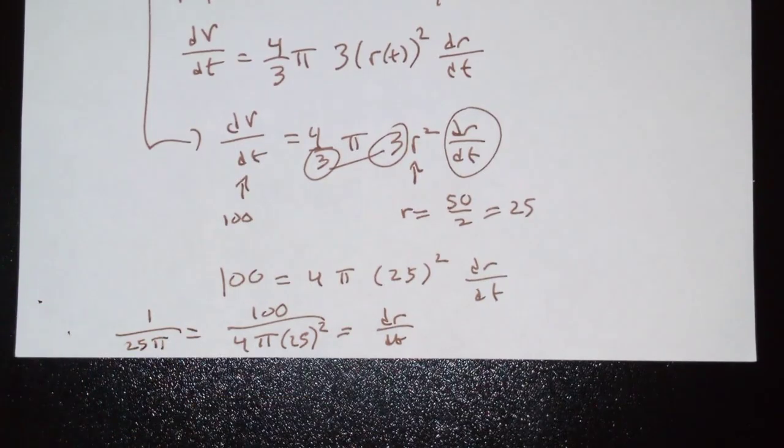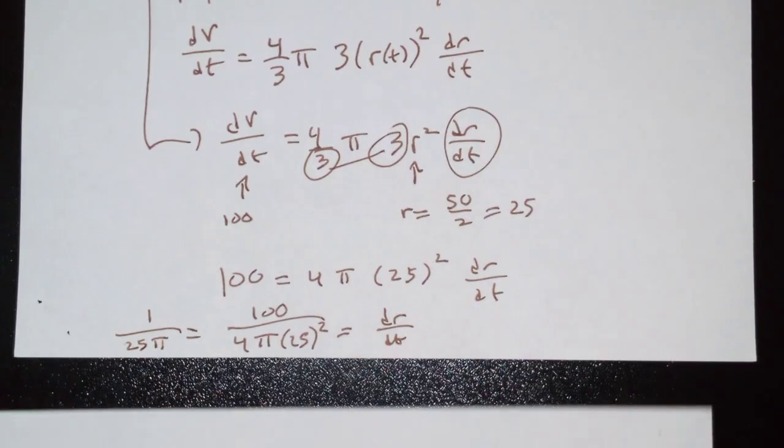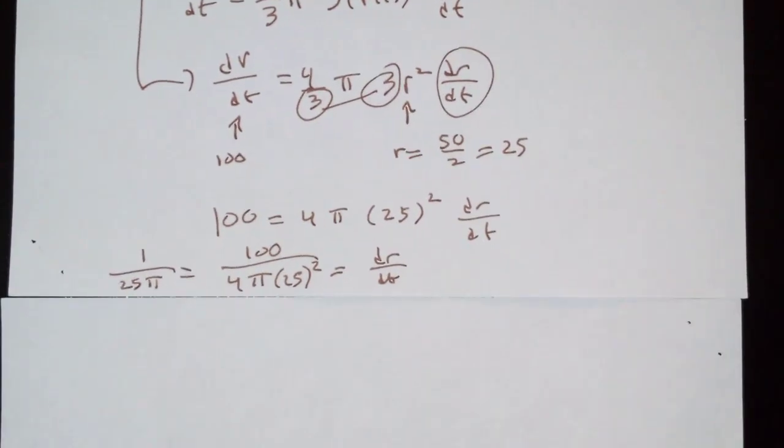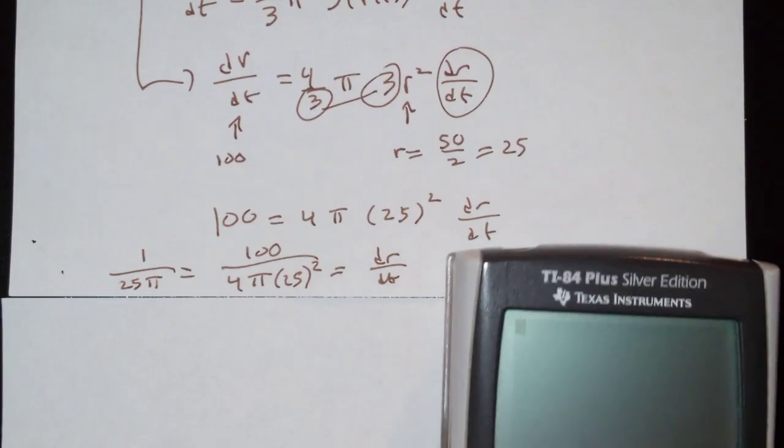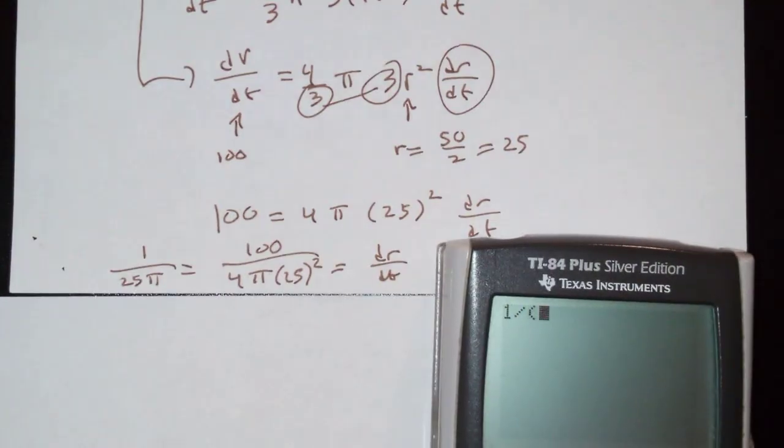If you want to give me a decimal, that's fine. Matter of fact, you probably should, so I have a number to hang my hat on here. What is this as a decimal? 0.0127?